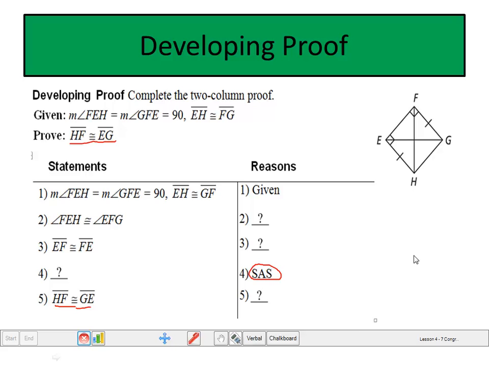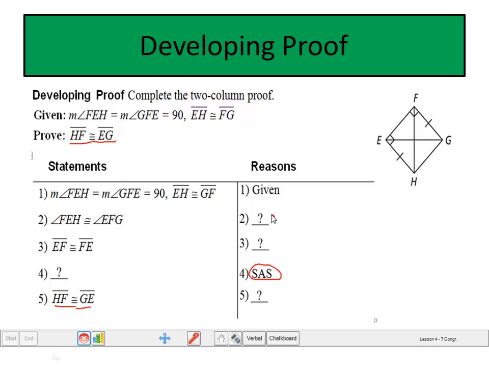What shapes are congruent for side angle side? Starts with a T. Triangles. Correct. Okay. Well, it looks like there's 4 things to fill in, guys. Anybody want to take a shot at filling in reason 2 or 3 or 5? Reason 2 is given. How's 2 given?